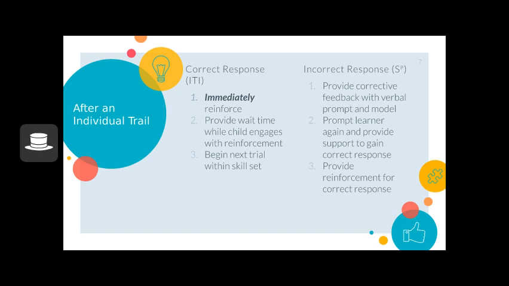If a student provides an incorrect response, you want to provide verbal feedback and prompt and model the correct answer. Then you're going to provide the prompt again and provide the support needed so that the student can find the correct answer. And then you provide the positive reinforcement for the correct response, provide the reinforcement, and then allow the student to engage with the reinforcer. So the cycle begins again.